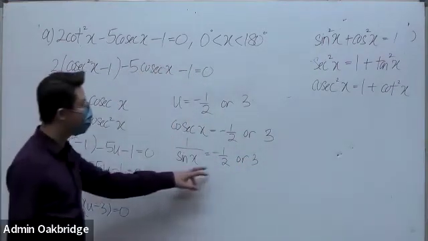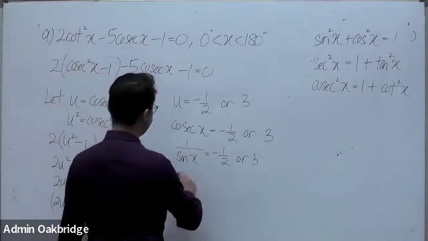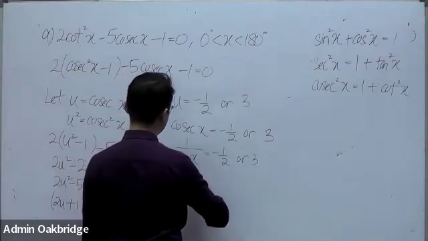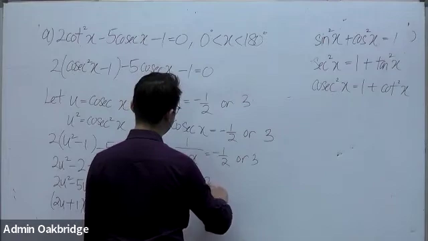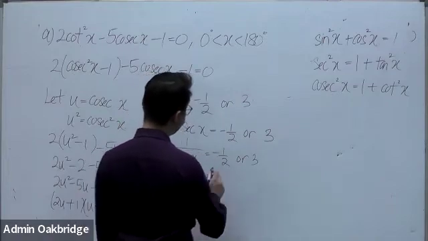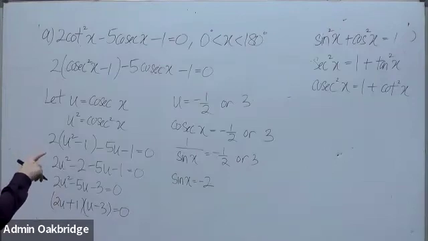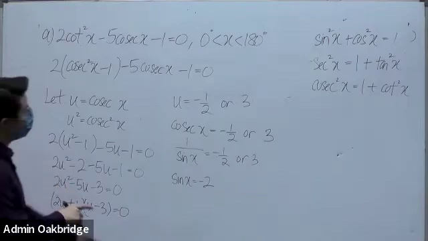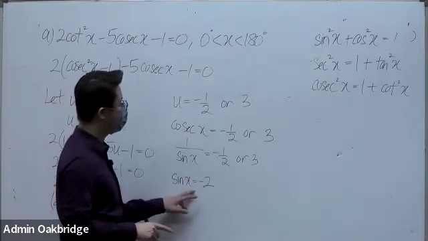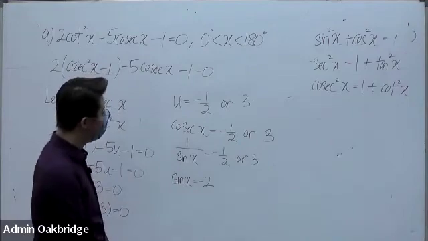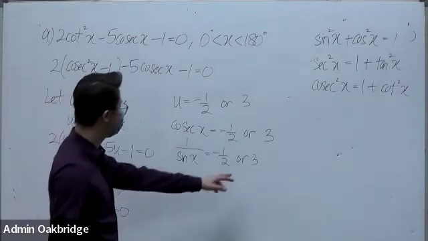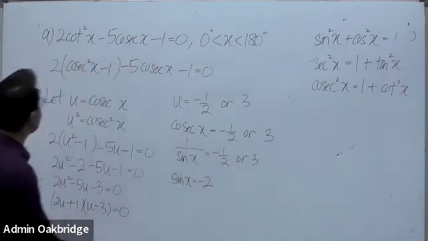If you rearrange this, you will have sine x equals to -2 or, hold on. Let me check again. There's a problem here, because we know that sine x cannot be less than -1.